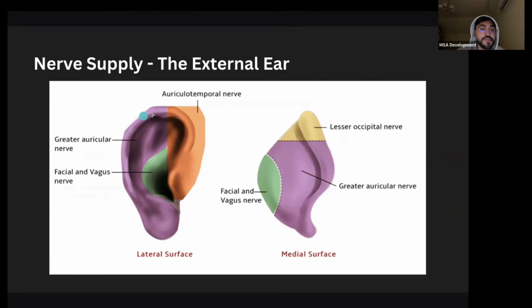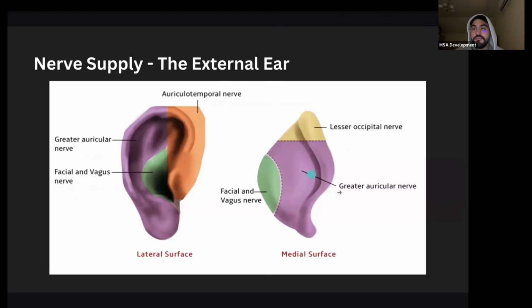And this part is going to be supplied by the greater auricular nerve, and here the concha is going to be supplied mainly by the facial and the vagus nerve, okay? And the vagus nerve is going to supply the posterior part of the external auditory meatus. So the anterior part of the external auditory meatus is going to be supplied by the auriculotemporal nerve, and the posterior part is going to be supplied by the vagus nerve, okay?